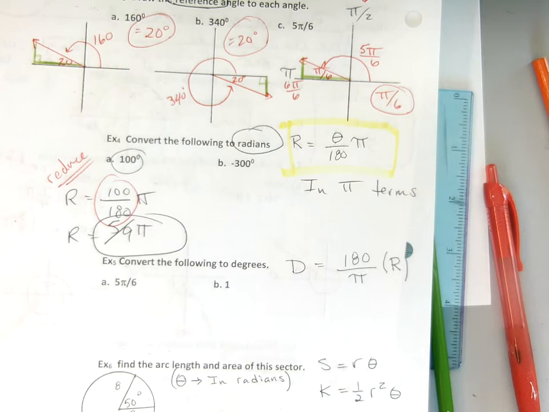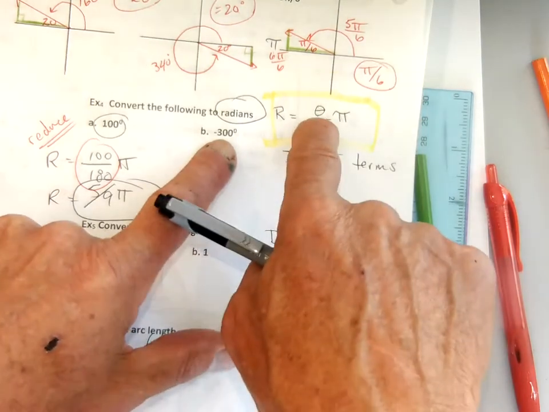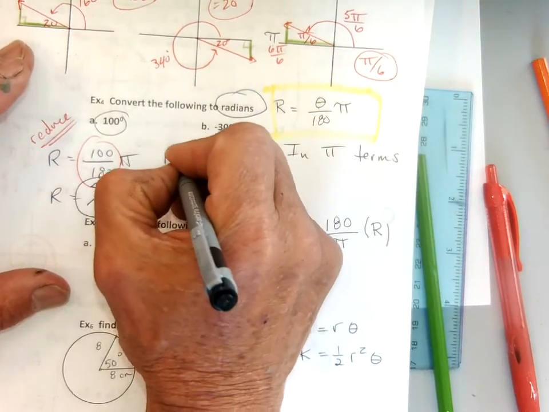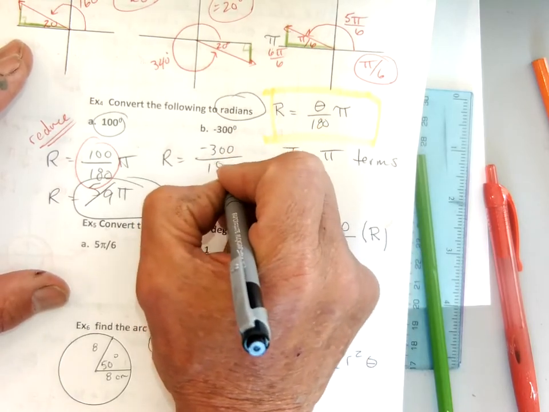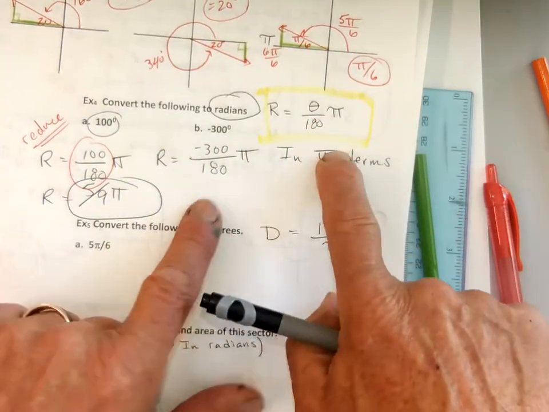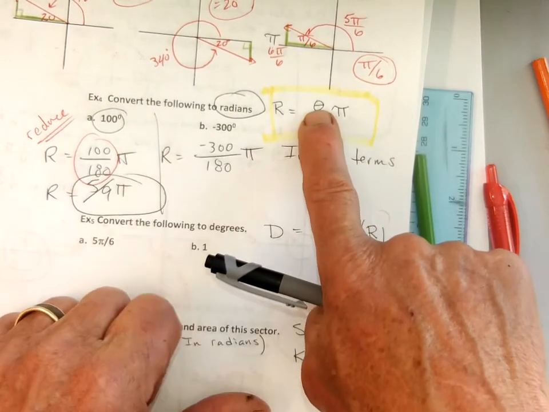Negative 300 degrees, we'll do the same thing. We plug that in. We'll take our negative 300 and put it in for theta. So our radian is going to equal negative 300 over 180 times pi. I'm just using my formula here, plugging my theta, that's my angle, into the formula.